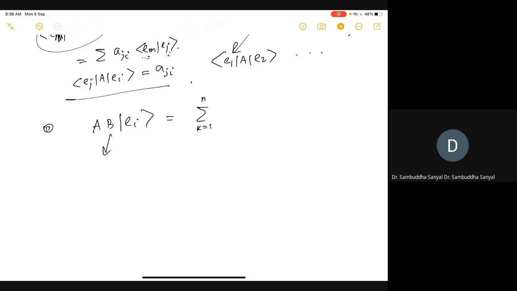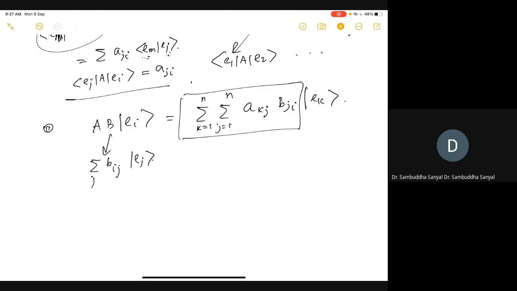If b has the representation bij ej, some representation, then this must be true. So try to show that. So this is basically how you multiply two matrices. The one index is contracted, which means you sum over that index, and then you sum over the other index.